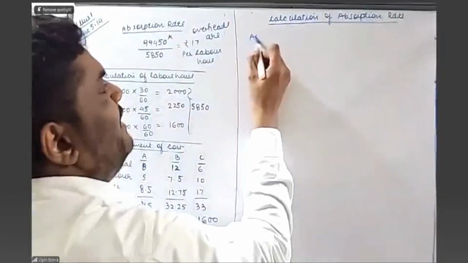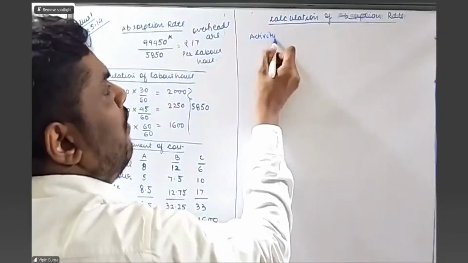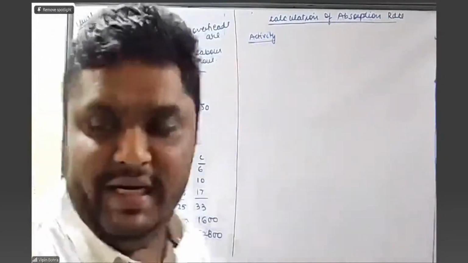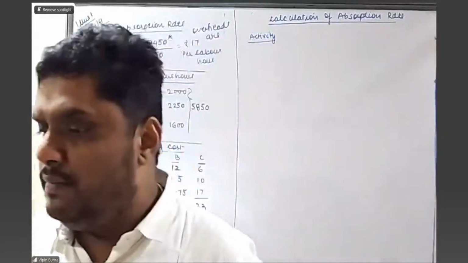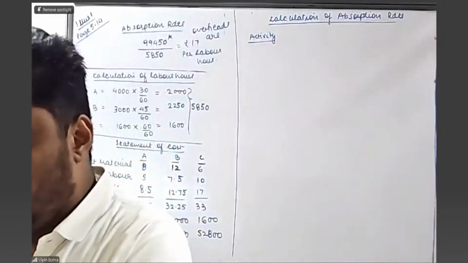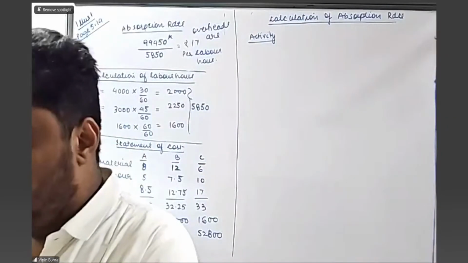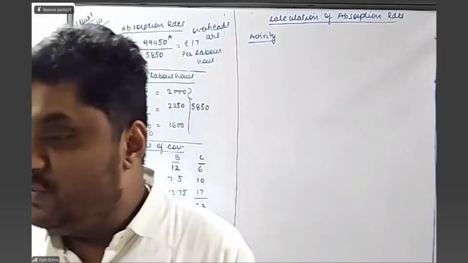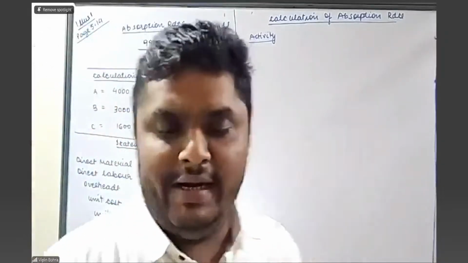So what all activities are there? There are three activities that are given in the question: material handling, storage cost, and electricity.